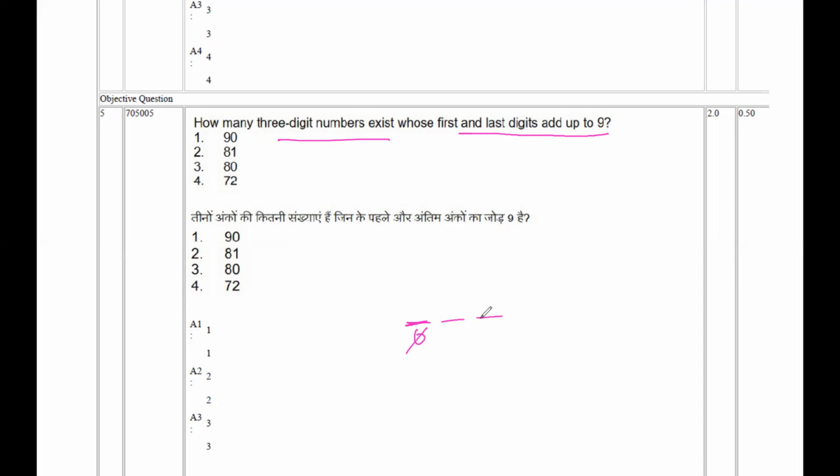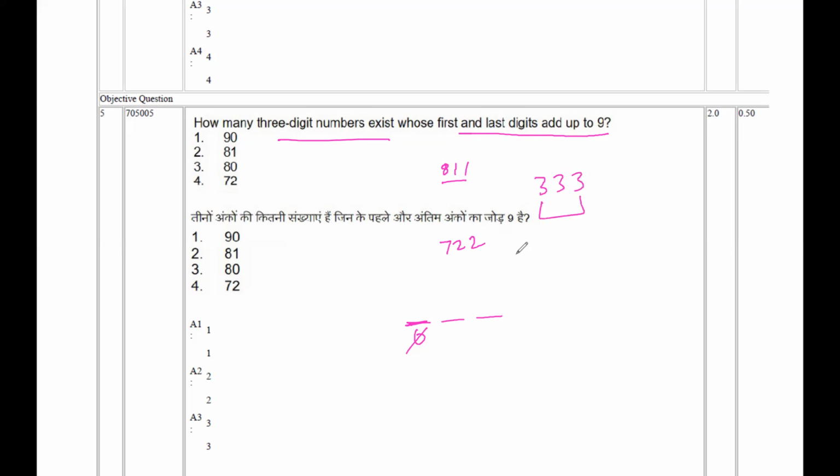So remember, you can have three digits where the digits repeat, like 811, 722, right? It could be 333, but then the first and last digit should add up to 9.